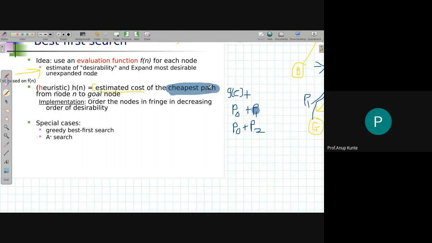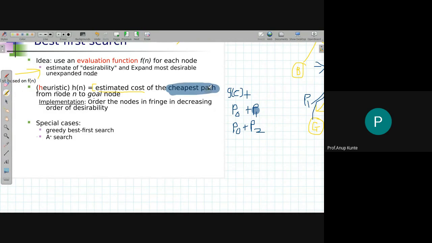So G of C is something that we already know, and H of C is something that is referred to as an estimation. An estimation of what? An estimation of the cost that will be incurred in going from node C, if I'm referring to n equal to C, to the goal node using the cheapest path, because there could be multiple paths to reach the goal node.